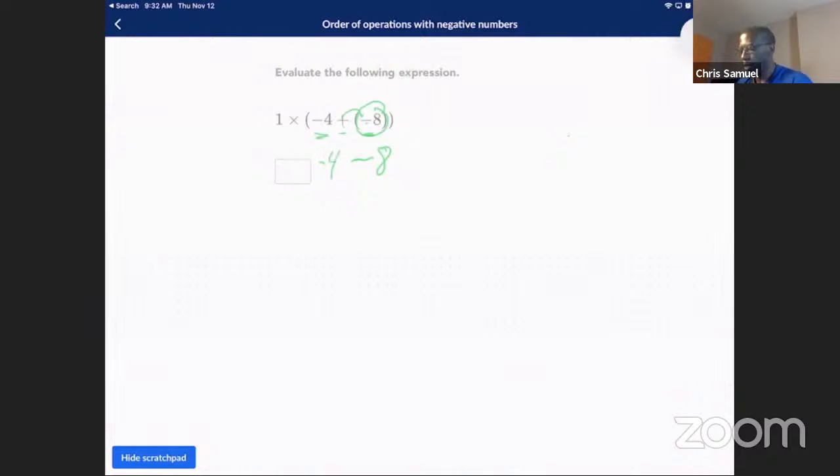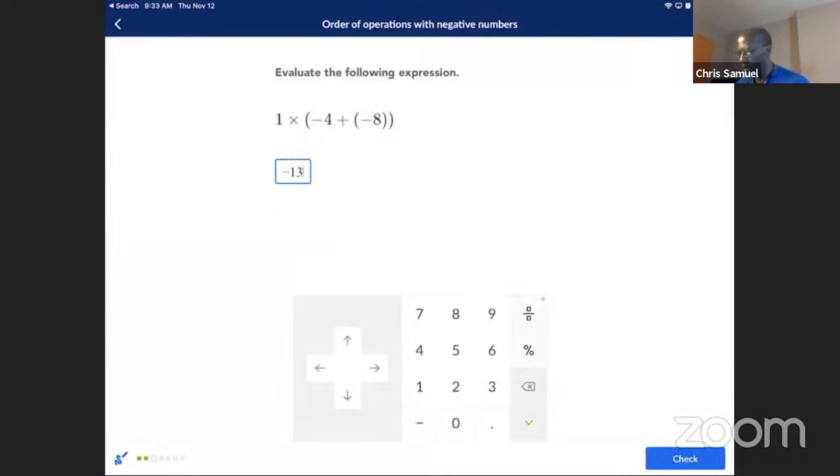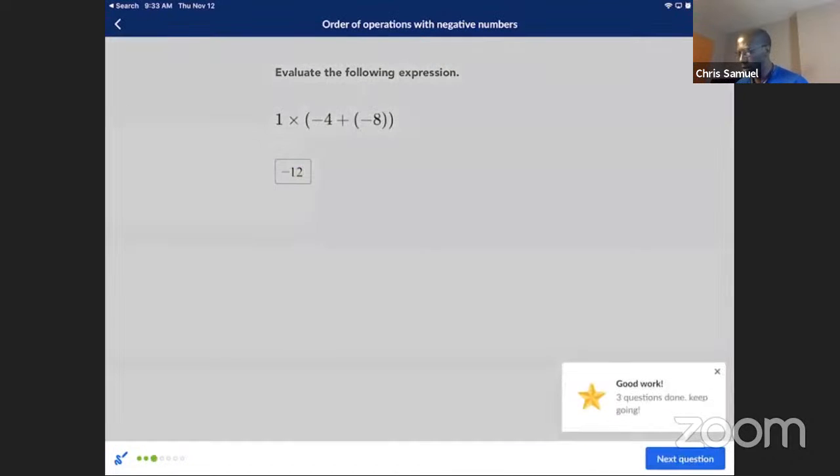But -4 minus 8 goes backwards, like on a graph, so it would be -12. And then we multiply, +1 times -12 will end up with -12.